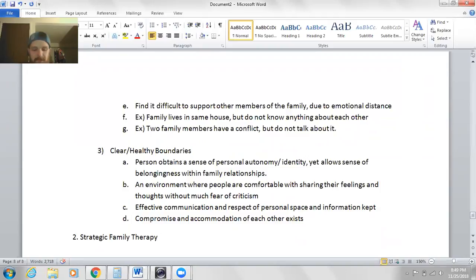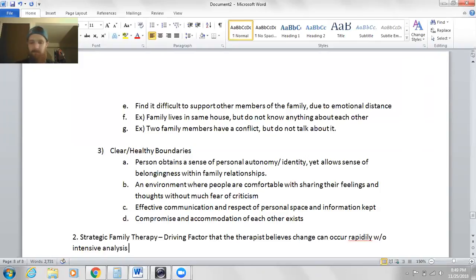And the key thing, the driving factor, is that the therapist believes change can occur rapidly without intensive analysis of the source of the problem.